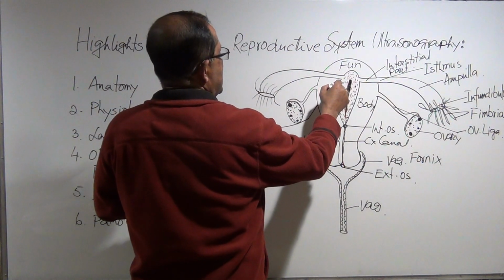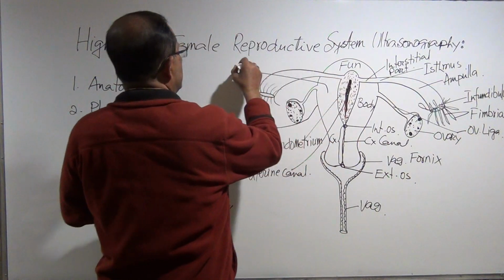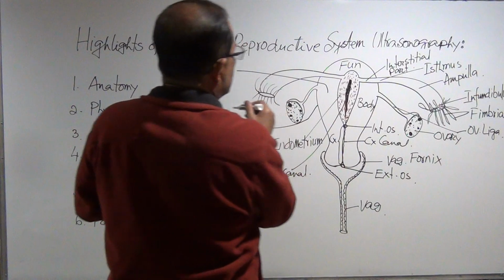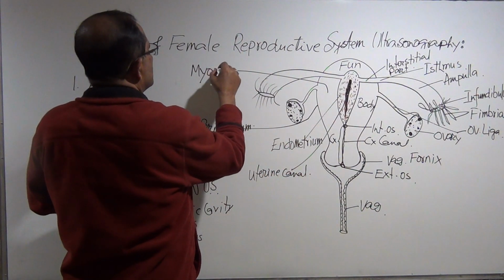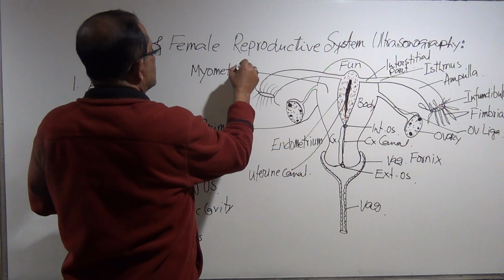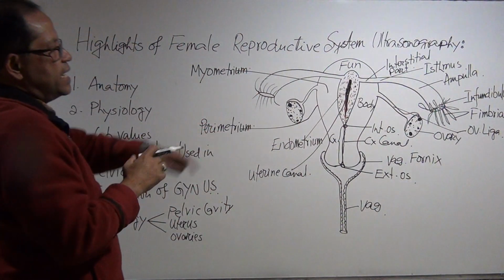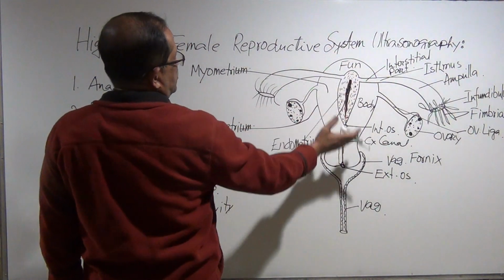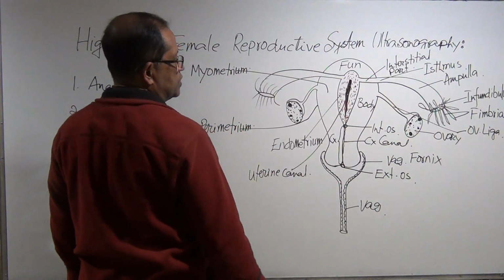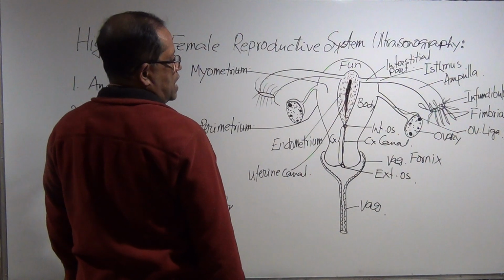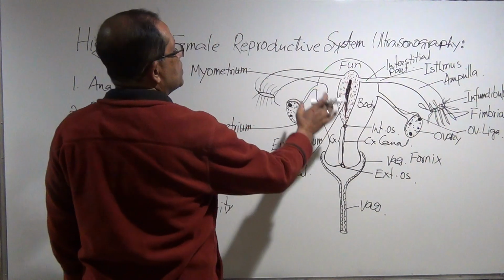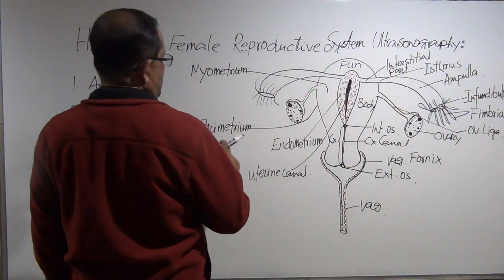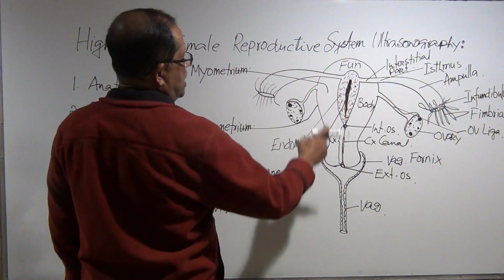And this is known as myometrium. And endometrium is there. So there are three parts of the uterus: fundus, body, cervix. And there are three layers of the uterine wall. That is outer to inner: perimetrium, myometrium, and endometrium.